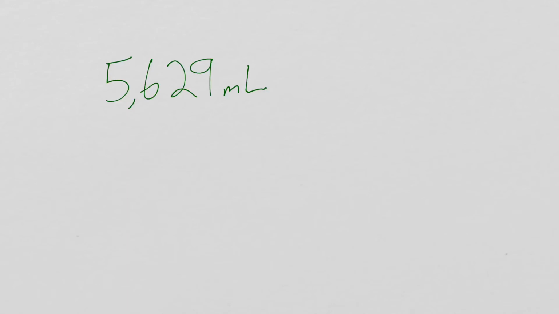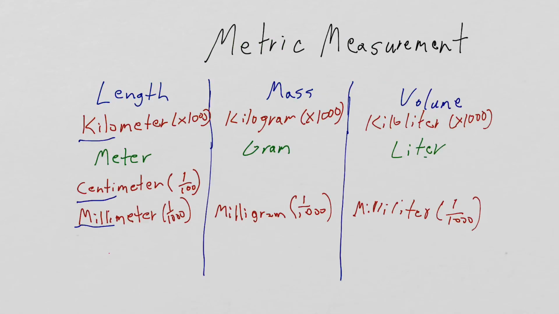It's all about the prefix. Okay, that's the most important part, actually. All right, so now we've got 5,629 milliliters, and I want to know how many liters that is. Okay, so in a way, this time we're going the opposite direction. This time we're going from milliliters to liters.